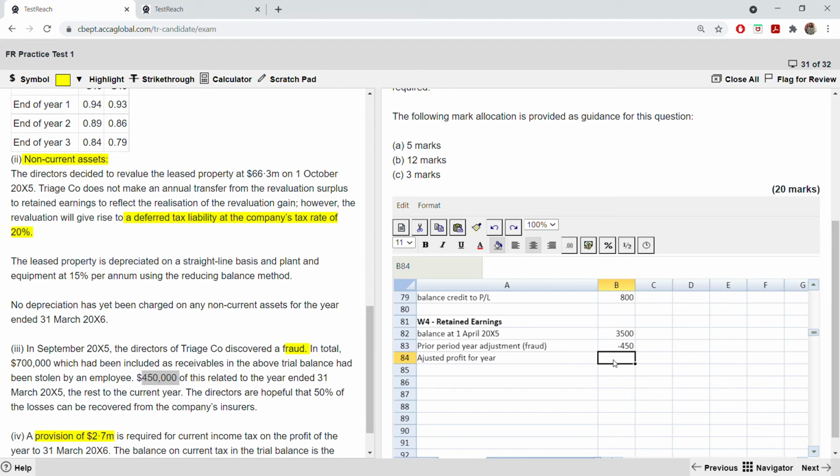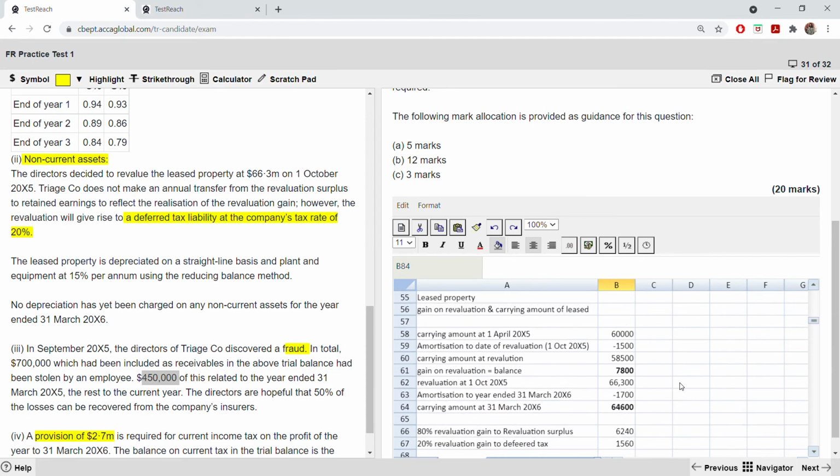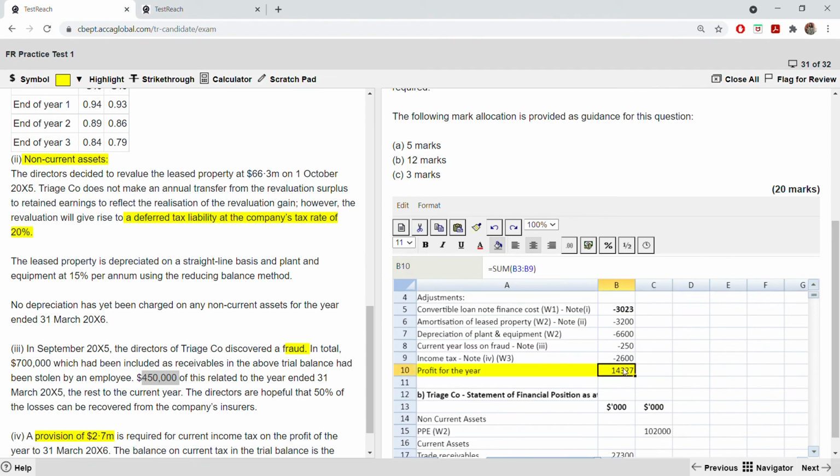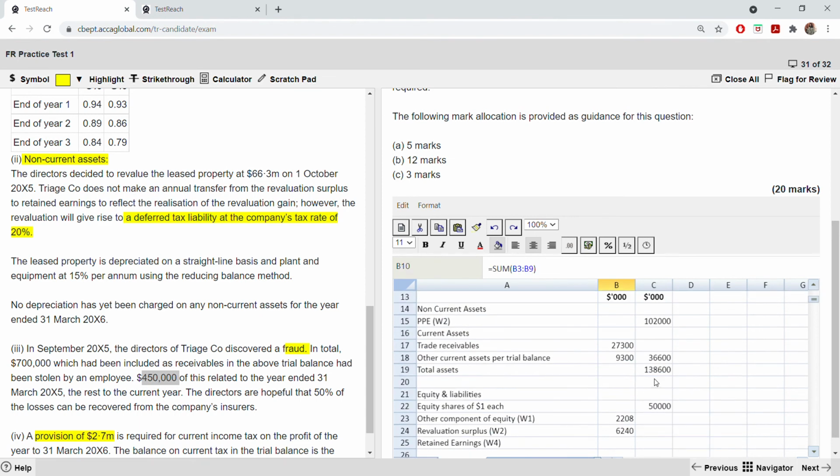And adjusted profit for the year from where? From part A. Make sure that you write it like this so you know which one you are taking. What is part A? Let us go to part A. Profit, just this one. So copy this here.